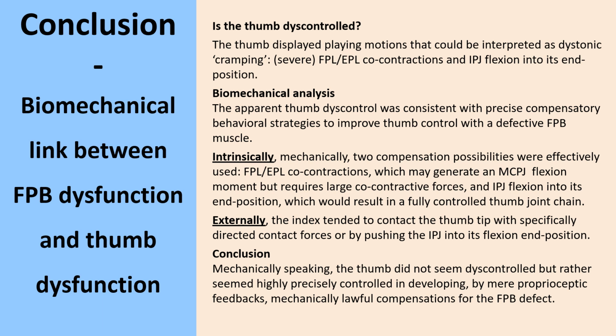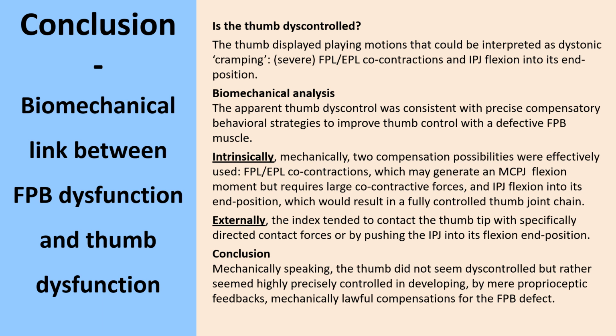Intrinsically, mechanically, two compensation possibilities were effectively used: FPL-EPL co-contractions, which may generate an MCP joint flexion moment but requires large co-contractive forces, and IP joint flexion into its end position, which would result in a fully controlled thumb joint chain. Externally, the index tended to contact the thumb tip with specifically directed contact forces or by pushing the IP joint into its flexion end position.